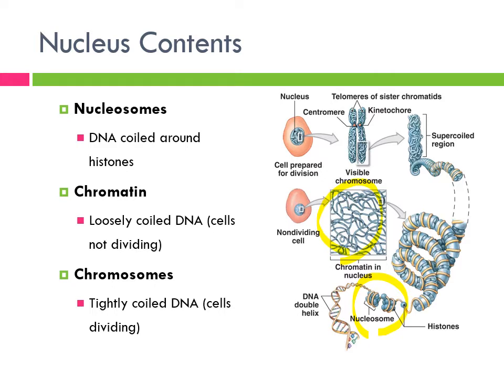You can see that in this picture, and we find that in cells that are not actively dividing. Chromosomes are tightly coiled DNA that we find in actively dividing cells. So these are all the different ways that our DNA can be made up.